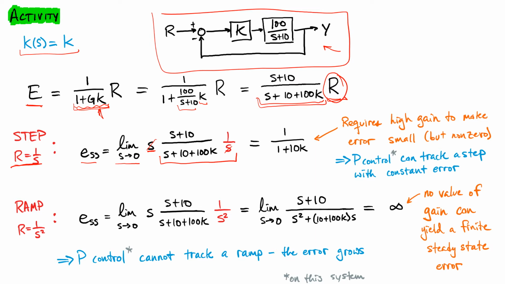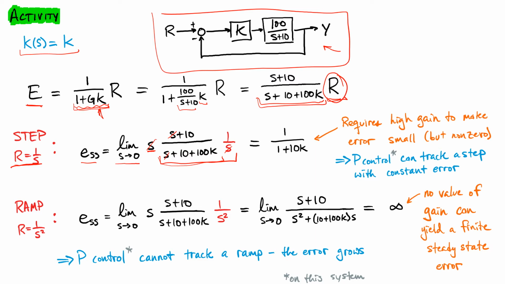And now we're just evaluating what happens when S goes to 0 of what's left. And so that means that this term would go to 0, and this term would go to 0, leaving you just essentially 10 over 10 plus 100K, or if you divide by 10, then you get 1 over 1 plus 10K.